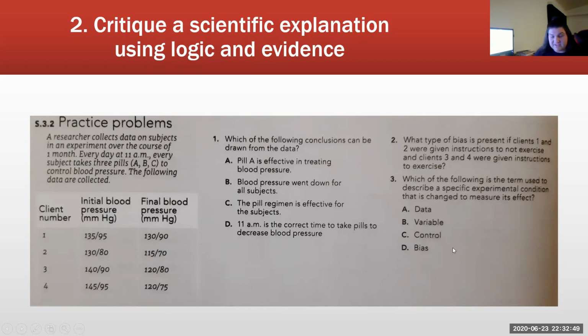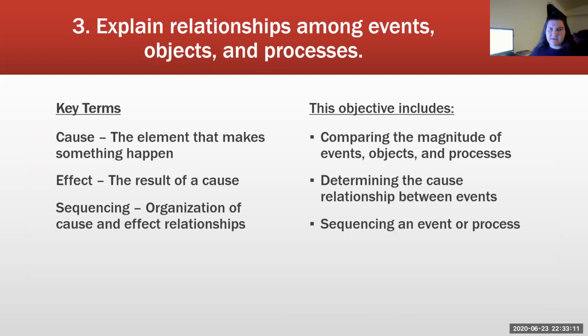The control refers to conditions that are kept consistent throughout the experiment. And the bias refers to a tendency of the experiment to influence results, knowingly or unknowingly. So the term that is changed to measure the effect is the variable. Hope that makes sense, and I'm not burning you guys out.